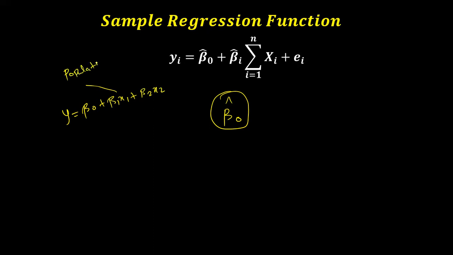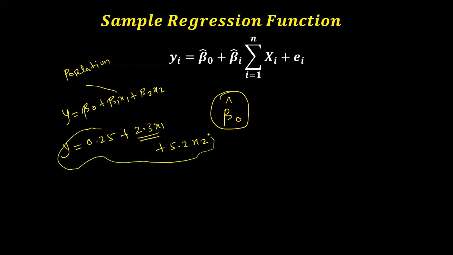By a specific method, I found the answer: y is equal to 0.25 plus 2.3 into x1 plus 5.2 into x2. I'll call this the line of best fit. Whenever I calculate the line of best fit, I note the beta naught with a cap, which means we have calculated this value.